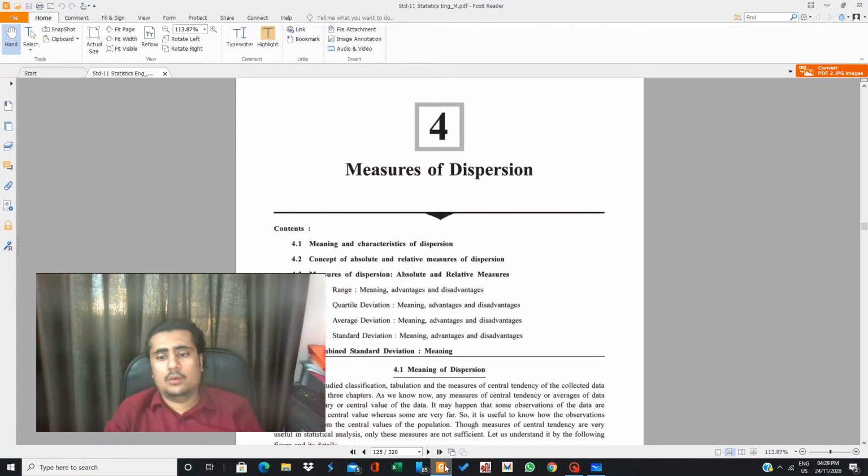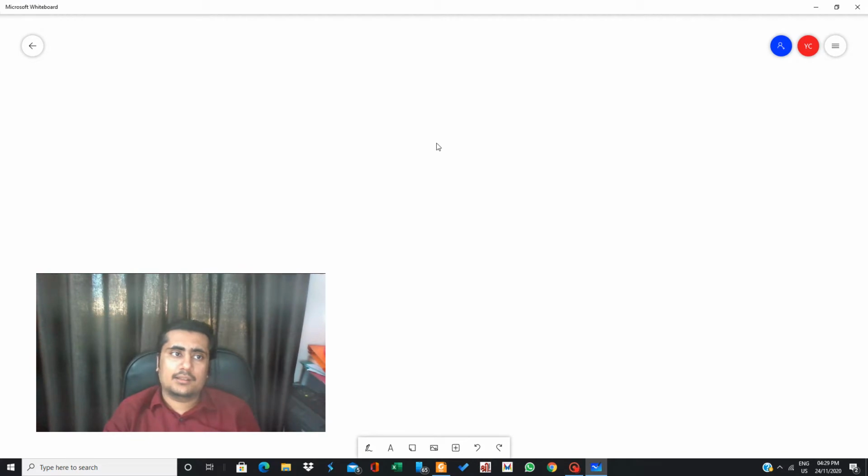Now, what does central tendency mean? Central tendency means that in the center of the data there is a value. You can say data in the beginning, data in the middle, data at the end. What is in the center is known as central tendency. I'll explain. Suppose a student has a test of 100 marks.